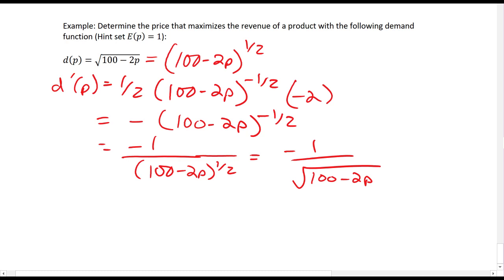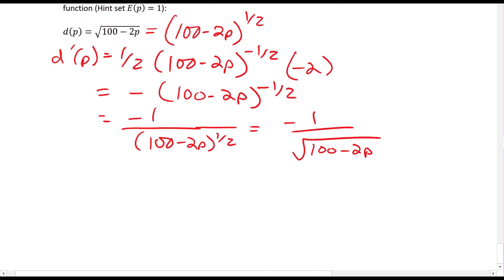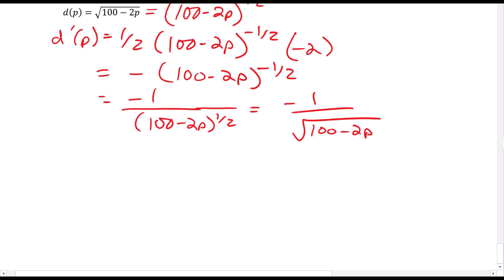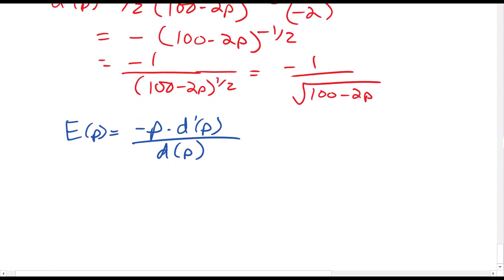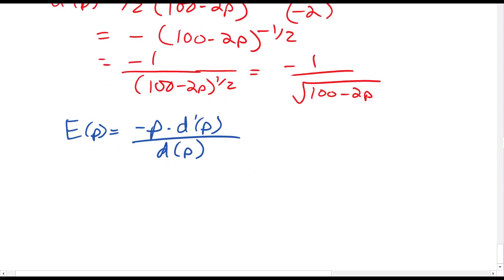Okay, so that is our d prime of p, but that's not our point elasticity. That formula is E of p equals -p times d prime of p over d of p. There we go.